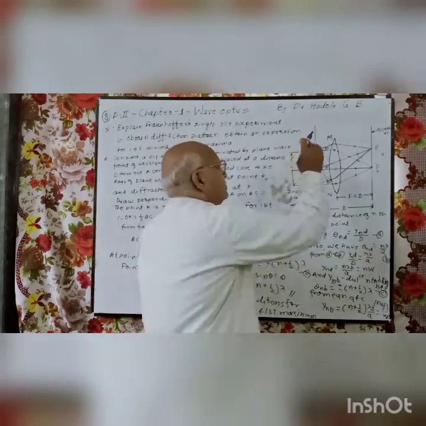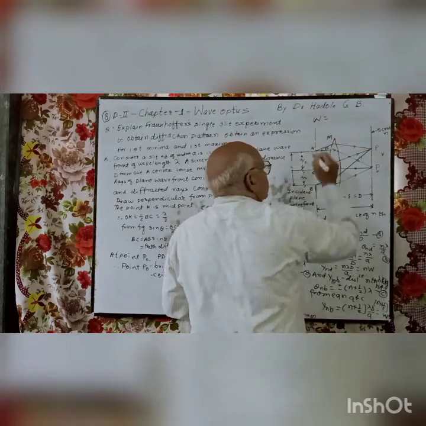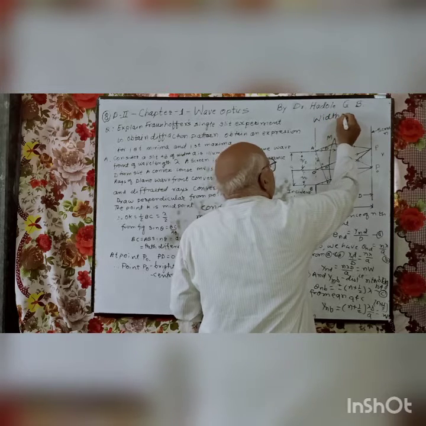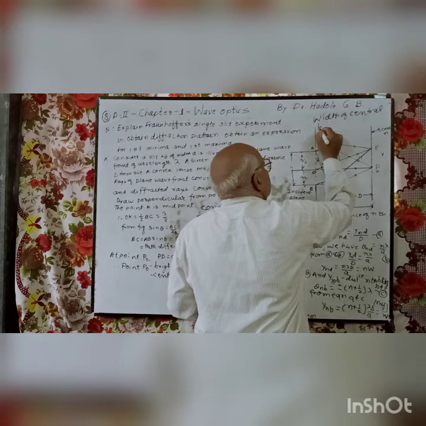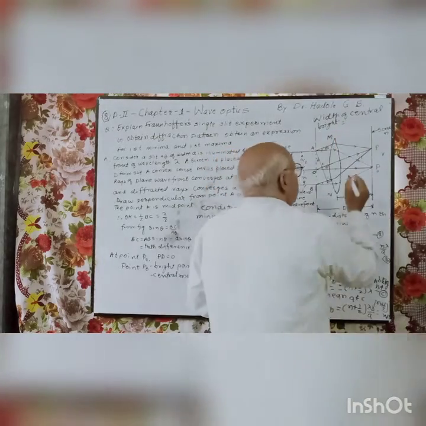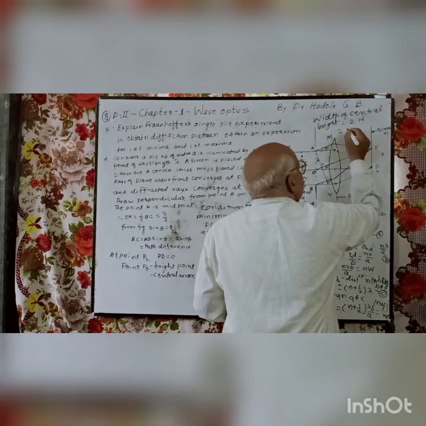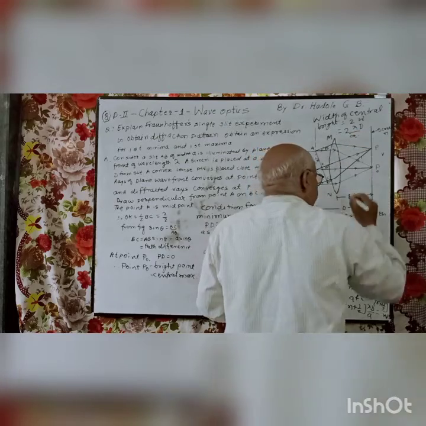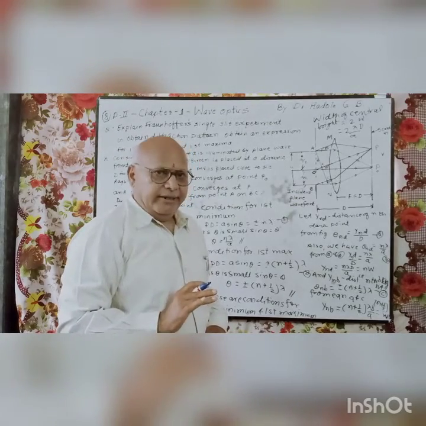From this we write the width of the central bright point equal to 2W, that is nothing but 2 lambda D upon a.